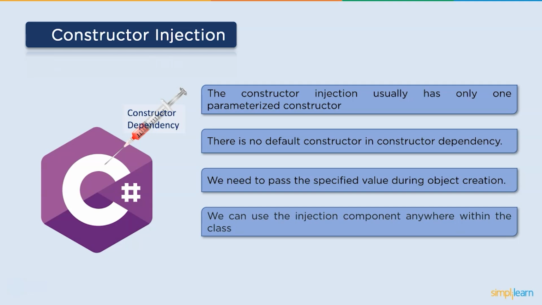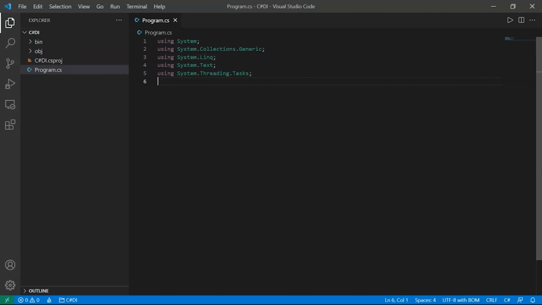Let's try to implement it in the code editor. We have already included some system libraries which will be needed in this code. Now let's start this code with a namespace property injection.